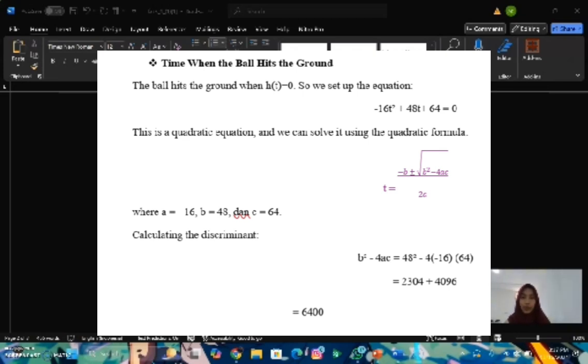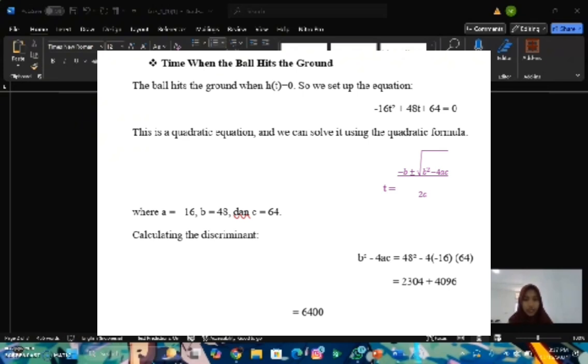This is a quadratic equation and we can solve it using the quadratic formula. The formula is t = (-b ± √(b² - 4ac)) / 2a, where a is -16, b is 48, and c is 64.